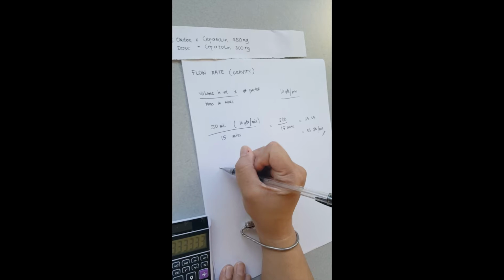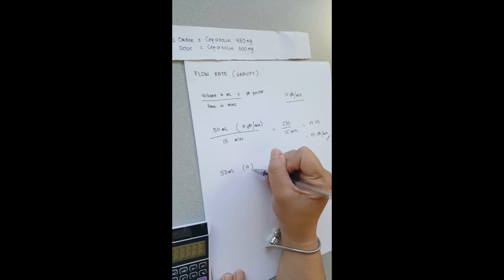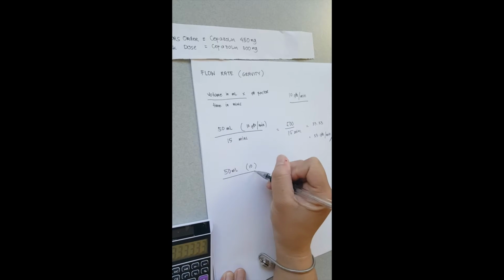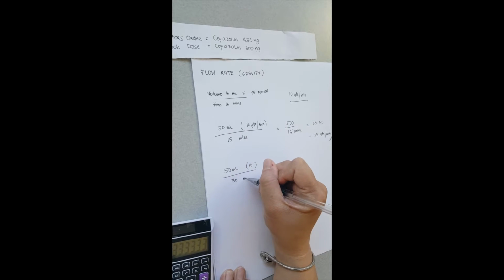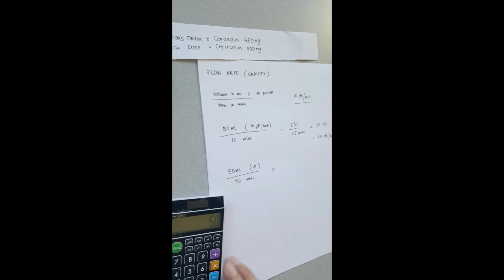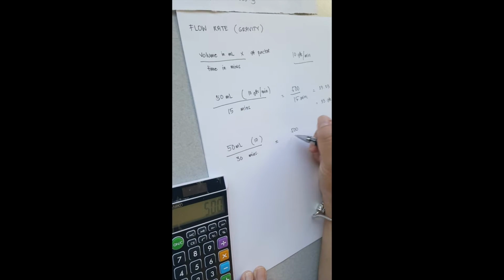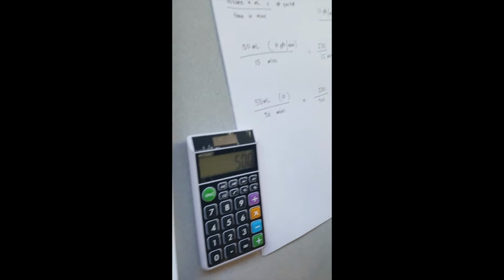If we're going to do it in 30 minutes, it's going to be 50 ml, again times 10 for the drop factor, divided by 30 minutes. So 50 times 10, which is 500, divided by 30 gives us 16.66.